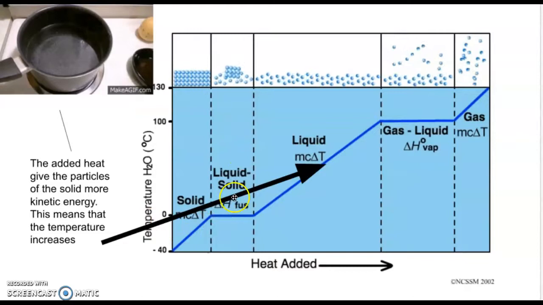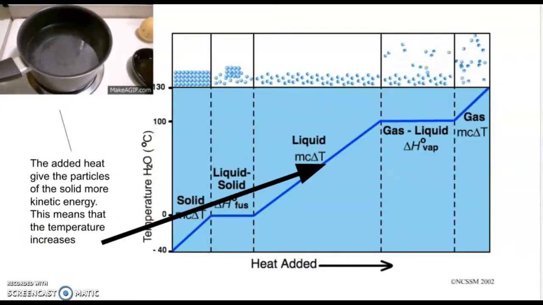Now, the liquid then, once all those initial bonds are broken, they don't need any more potential energy. They don't need to break any more bonds. So what happens now is as you add heat, the water just gets hot. The heat raises the kinetic energy of the particles, they vibrate more, and so the temperature increases.